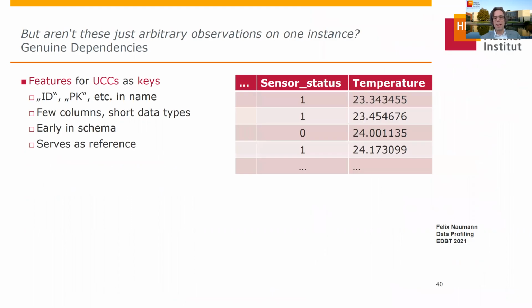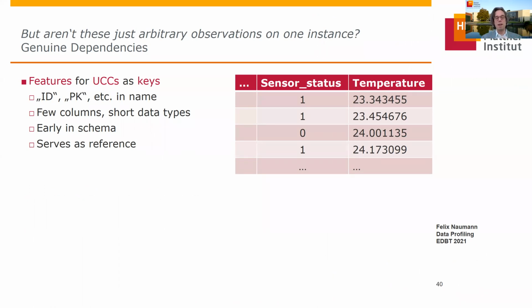And then final big open question, that I get a lot, so I'm taking away your frequently asked questions maybe, but we can discuss this a little bit more: aren't what we're discovering arbitrary observations on one single instance? So for instance, if you look at the table on the right, we could conclude temperature must be a key or a unique column combination.